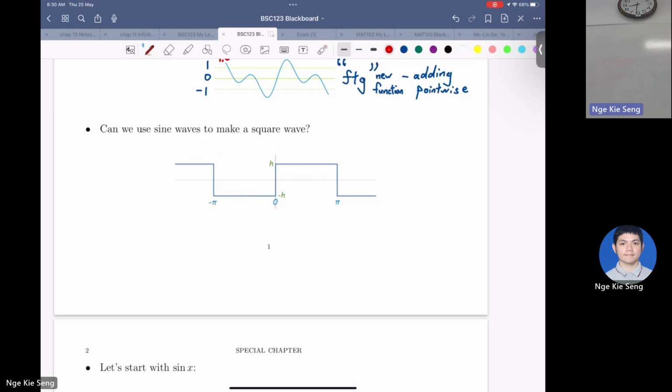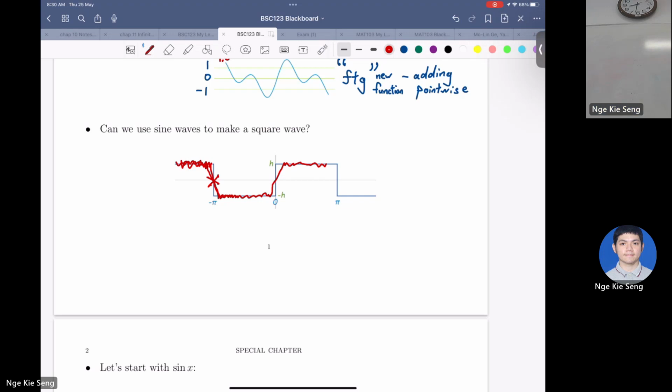That is in the middle, in every case. So your Fourier series must pass through this middle point at minus pi, no matter how much you add to it.